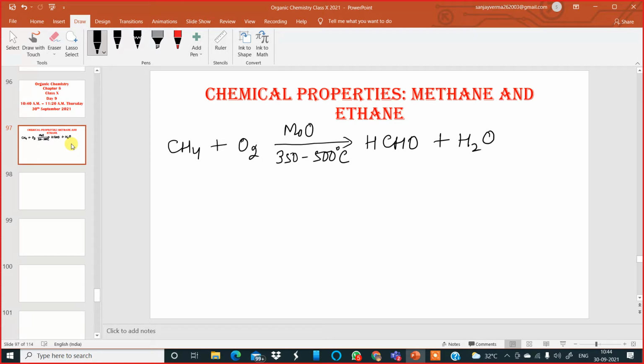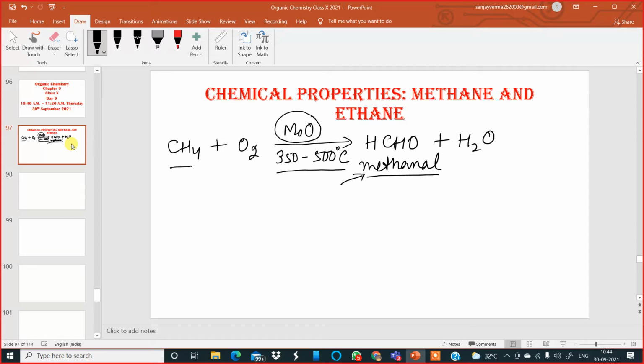So this is oxidation of methane in the presence of molybdenum oxide, temperature 350 to 500 degrees Celsius. Here, instead of an alcohol, an aldehyde is formed.